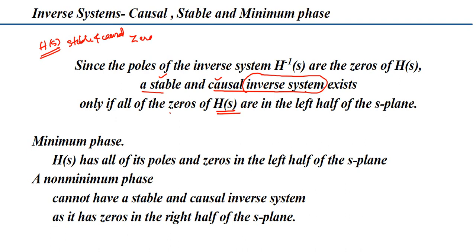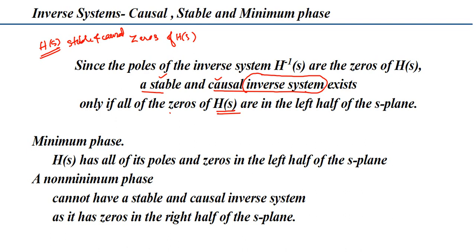So make it clear, in order to find whether a causal and stable inverse system exists, we want to check this particular condition. For that, we will take H of s and look at the zeros of H of s.